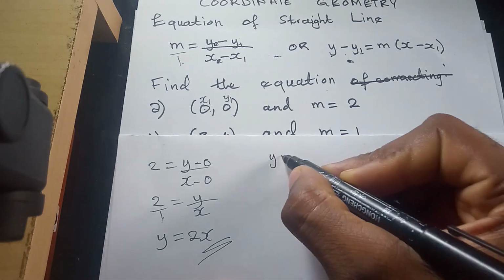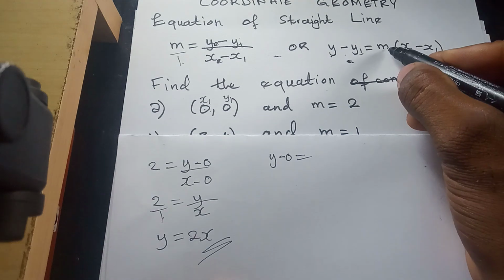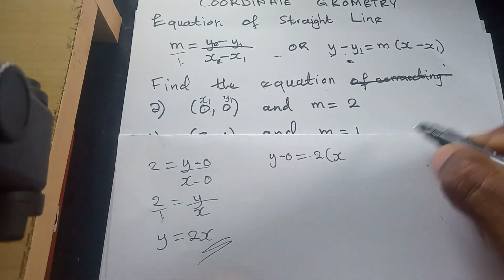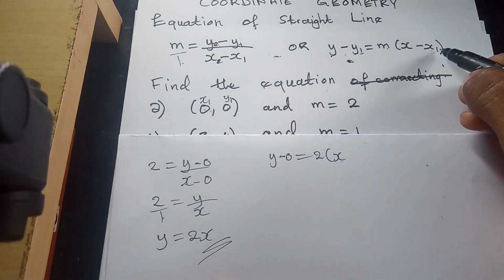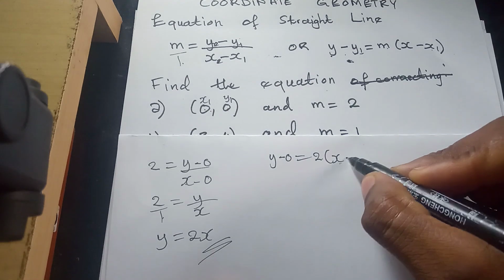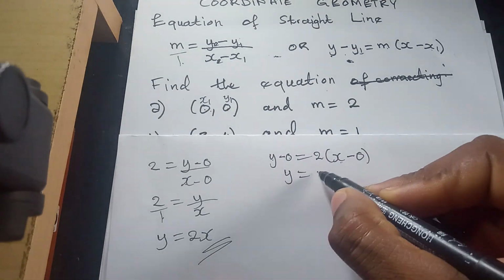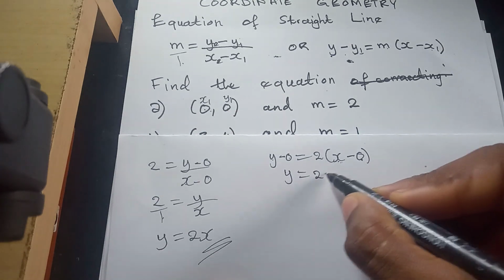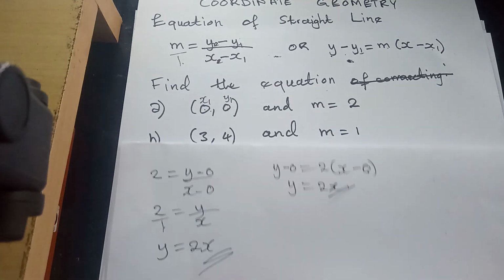So you can say y minus y1, which is 0, is equal to m, which is 2, times x, just write it as an x, and then our x1 is 0, and then x minus 0 is x. 2 times x, you have y is equal to 2x, and you are done.